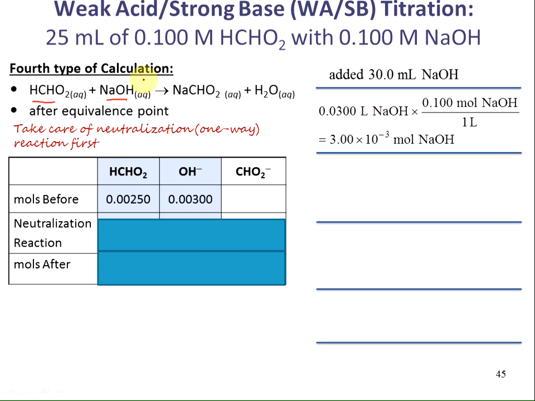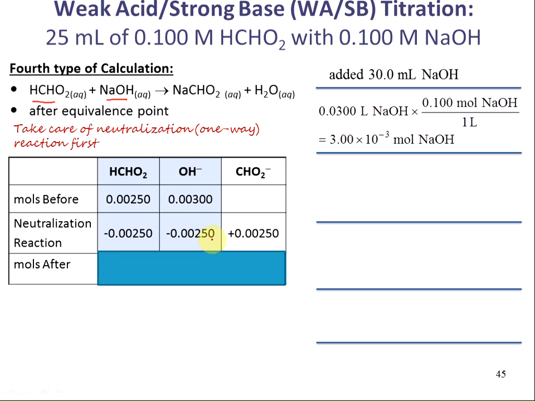So again, we start off with 2.5 millimoles of the formic acid and 3 millimoles of the hydroxide ion. When I subtract what's used during the neutralization, I'm going to consume 2.5 millimoles of the formic acid and 2.5 millimoles of the hydroxide ion.